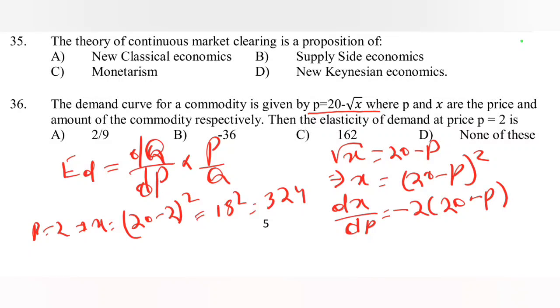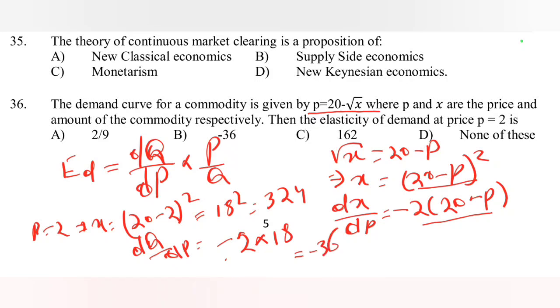Then dq by dp is equal to the derivative of minus 2 into (20 minus p) with respect to p. So it is minus 2 into 18, minus 2 into 18 is equal to minus 36. So we found all the values here.